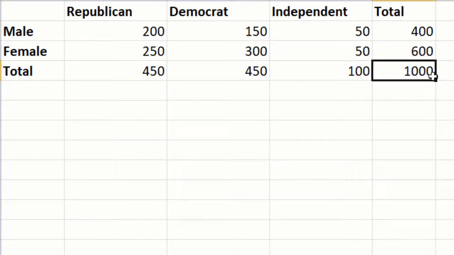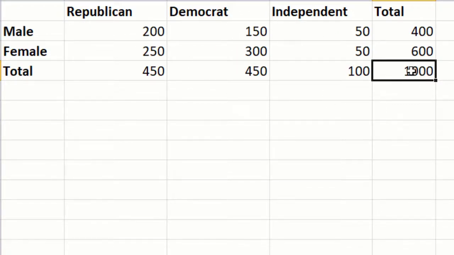So this table represents a sample of 1,000 people, and we want to study the political point of view of any person in this sample. And of course, being people, we can break it down into two different genders, male and female. The columns here organize the political point of view for any person.